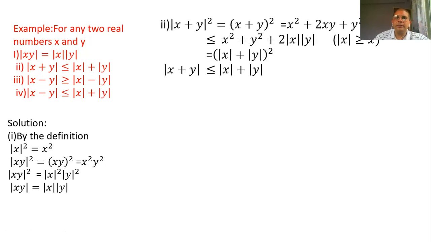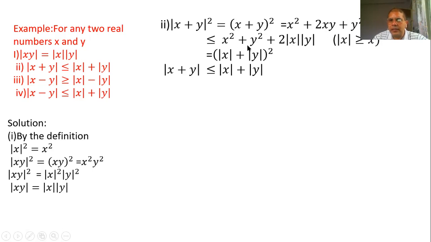Now for the second one, it is x plus y whole square. Start with |x + y| whole square, which by definition is (x + y) whole square. It is in a square plus 2ab plus b square form, so x square plus 2xy plus y square. You can write x square exactly the same and y square exactly the same, but what is the relation between x and |x|? |x| must be greater than or equal to x, and |y| must be greater than or equal to y.